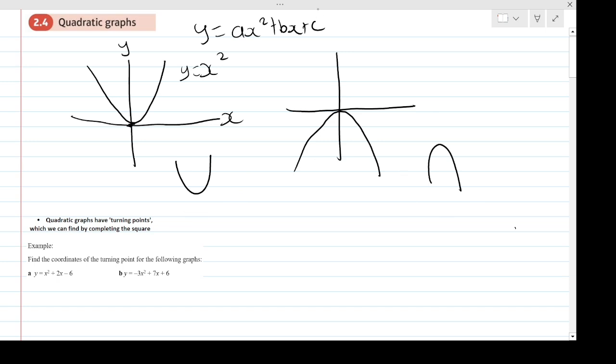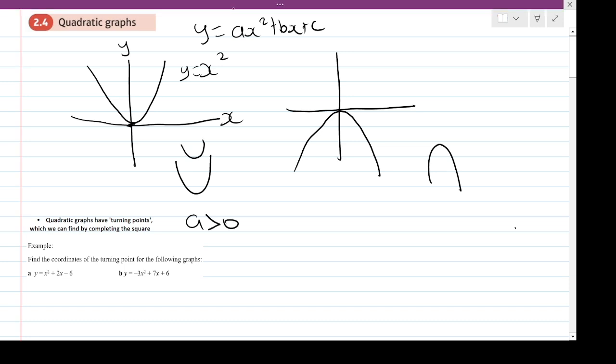That's helpful because any quadratic will have one of these two shapes, so how would you determine which? It's to do with the sign of the coefficient a in ax squared. If a is positive, it's going to have a positive shape, like a smile: smile, happy, positive.